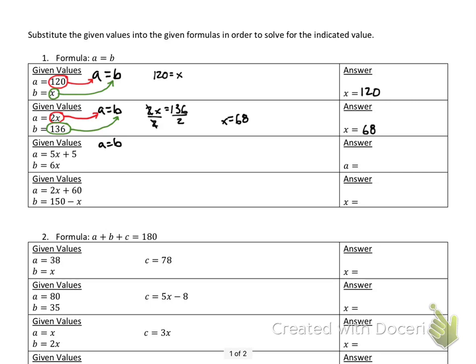When I get to the next box, we'll do something different. But now I'm going to substitute 5x plus 5 in for A. I'm going to substitute 6x in for B. So that gives me 5x plus 5 equals 6x. So the formula, just again, slightly more challenging than before. And what do I do here?